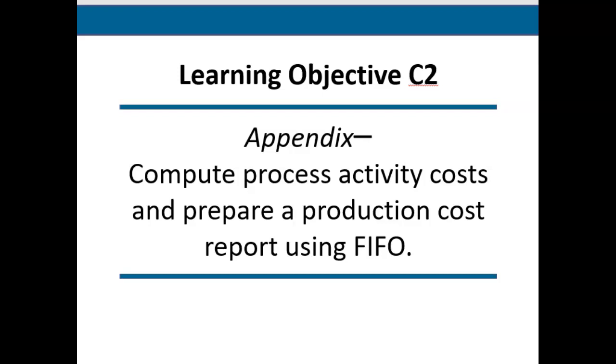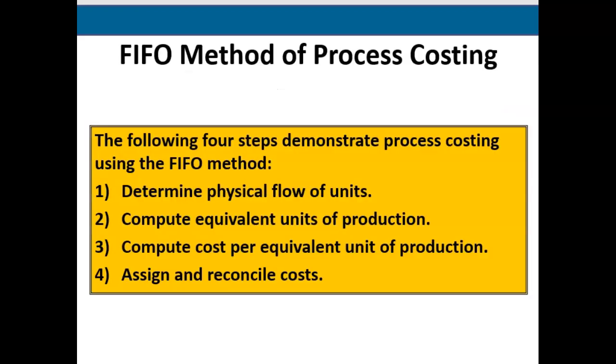So the rest of the appendix is the process activity costs and prepared production cost reporting, FIFO. So FIFO, first in, first out. With the FIFO method of process costing, we go through these 4 steps.